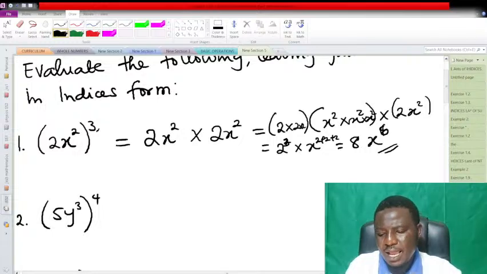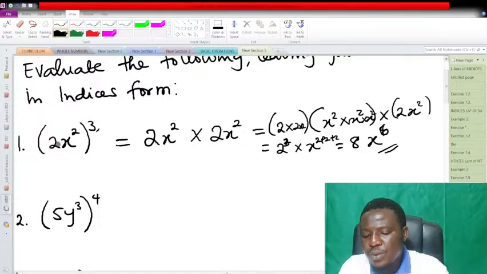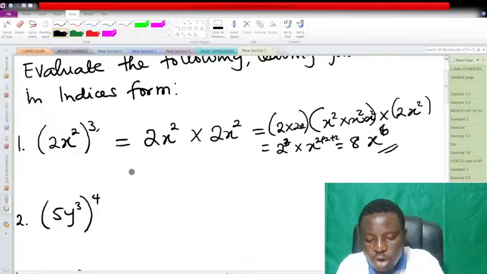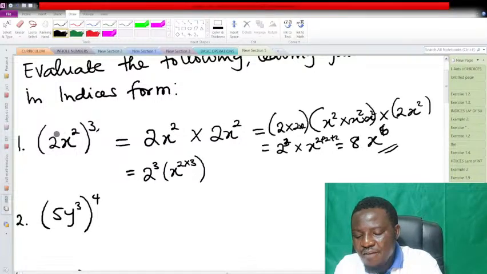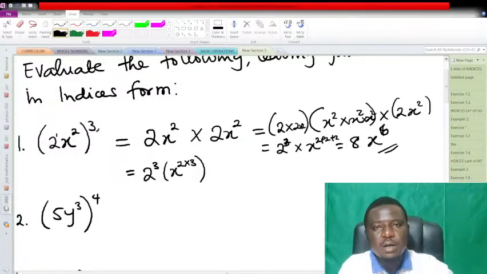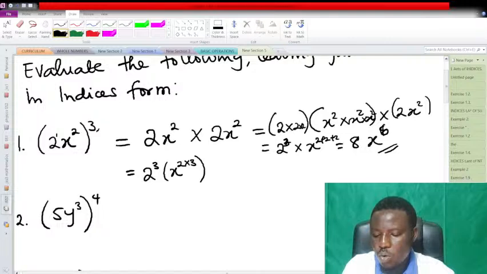Now, you can apply the law of indices for multiplication in solving this by cubing every term in that bracket, which is equal to 2 cubed times x raised to the power of 2 times 3. So you multiply the power of every term in that bracket by 3.